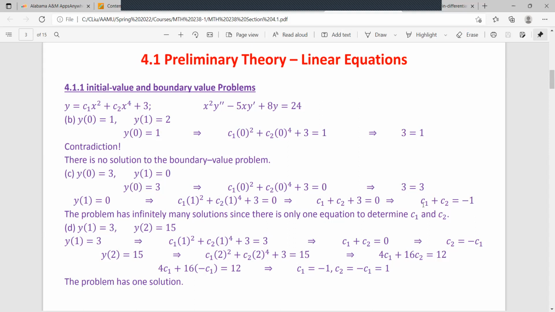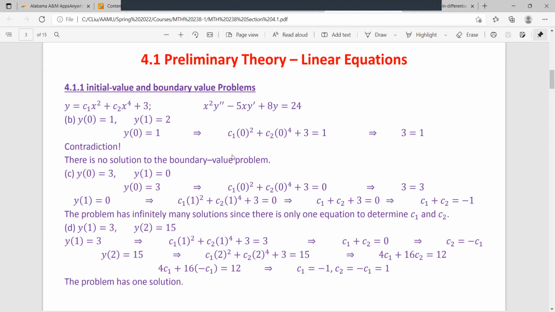So we have used all the boundary conditions and we got this equation. The first boundary condition does not give us any new information. It's just consistent with the problem itself. But the second boundary condition does give us an equation with C1 and C2.